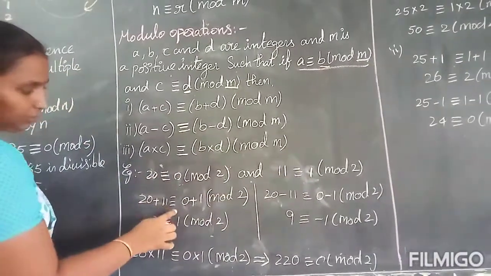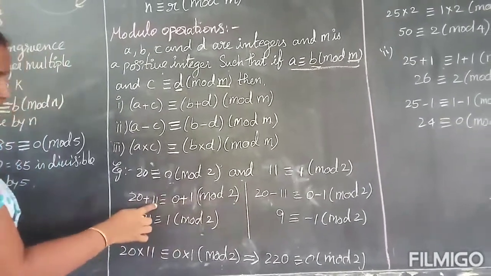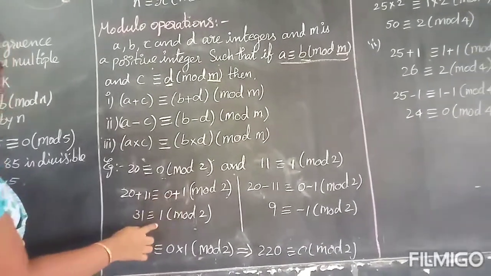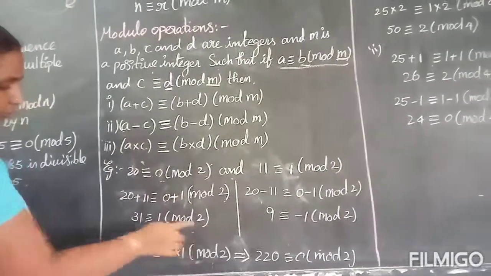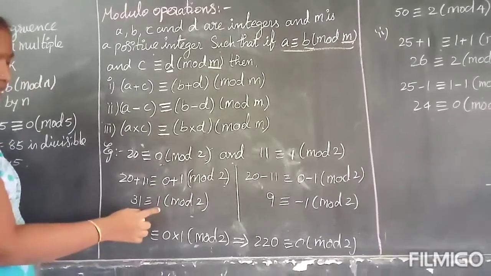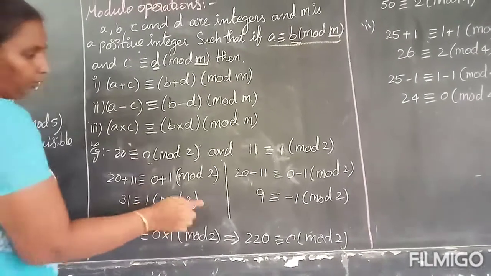So 20 plus 11 is congruent to 0 plus 1 mod 2. 20 plus 11 you will get 31. 31 is congruent to 1 mod 2. If you divide 31 by 2, you will get 1 as the remainder. So 31 is congruent to 1 mod 2.